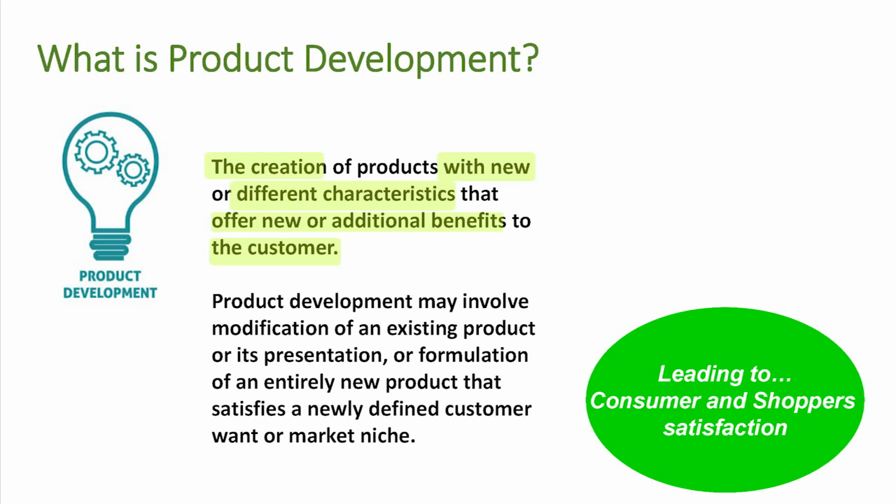So when we talk about product development, I would like all of us to agree that copying a product is not product development. You can copy a product, but you have to add something to it. If you want to copy water, to sell water, you have to add something, add a flavor to the water, or add something. So you have to bring something new to your customer. That's what product development means.